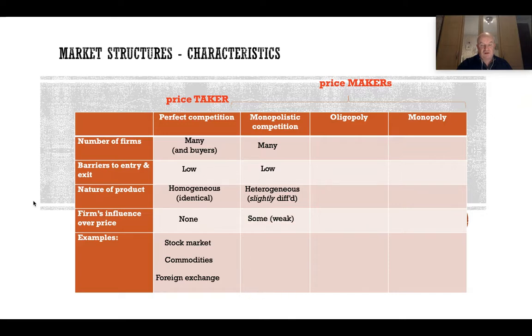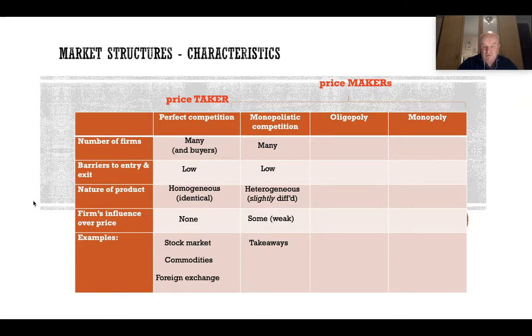That does mean that they've got some, not much, but they have got some influence over price, because as we'll see from some of the examples, although they're offering similar products, they are able to offer slightly different ranges of products and services, and as a result might be able to influence the price that they are charging to a point. Some examples of monopolistic competition: one would be takeaways.